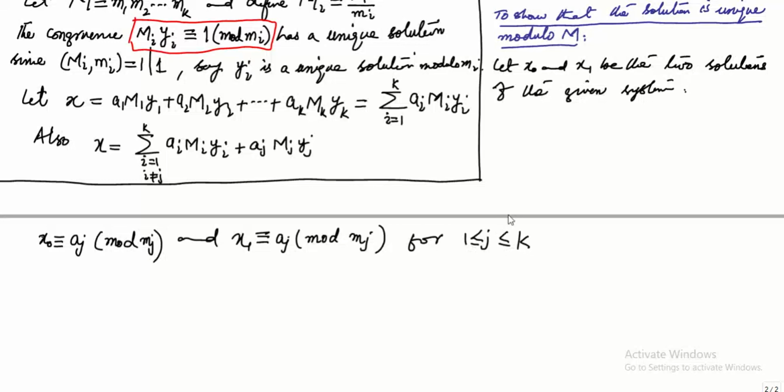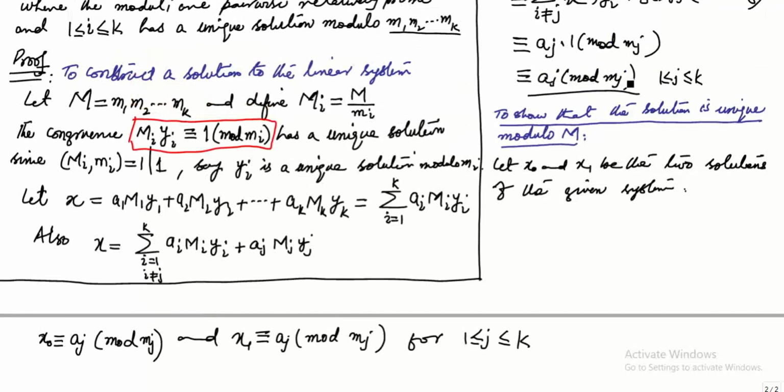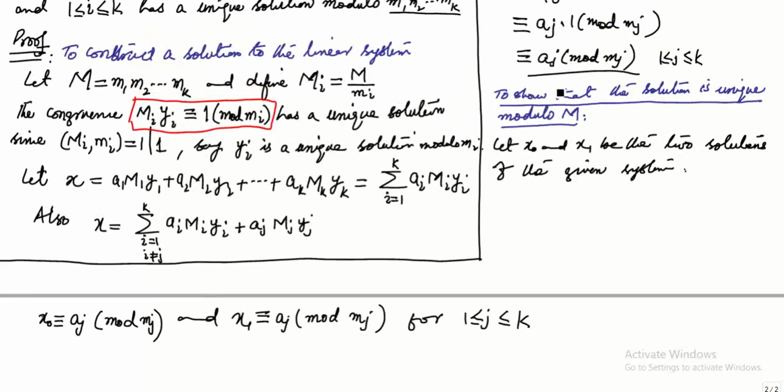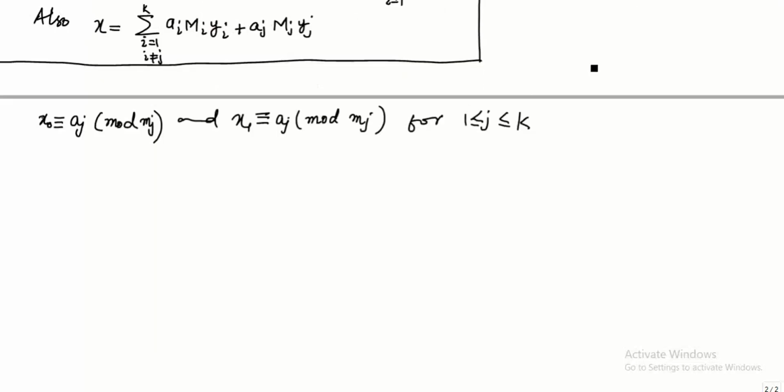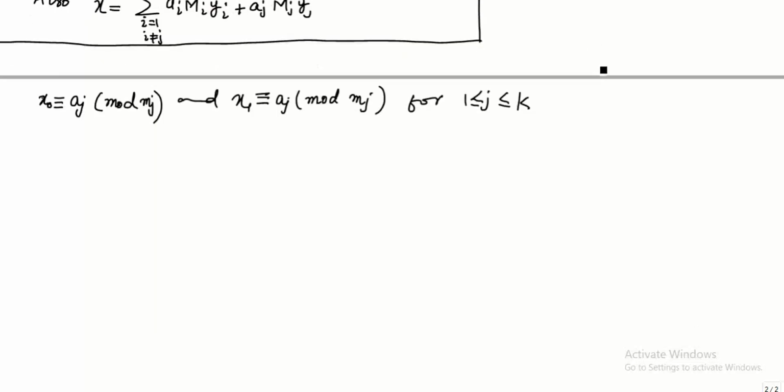Now we have to show that this solution is unique. So if both of them are written like this, these two congruences can be subtracted.